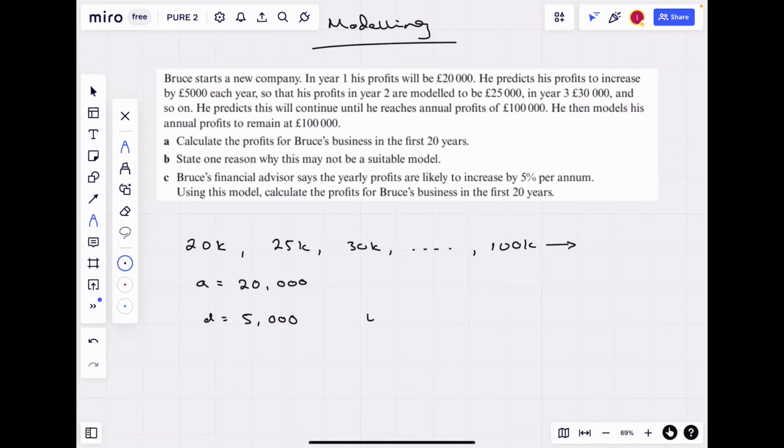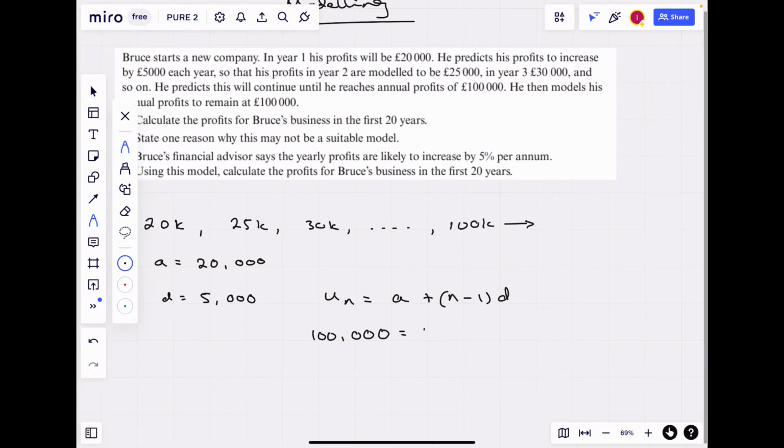So if we do Un equals a plus n minus 1 d, and we make Un equal to 100,000. So we're essentially trying to find the first term where he reaches 100,000, or the first year where he reaches 100,000. So 20,000 plus n minus 1 times 5,000.